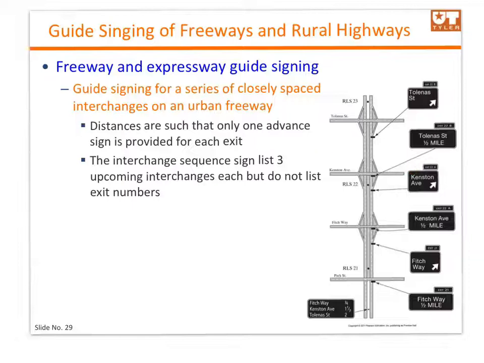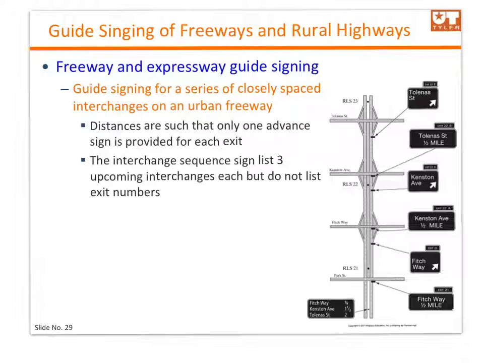Again, by the time you leave the exit, the ones who made the decision to take the exit will be going through the exit, and for the ones who reach this point, now you need to show them what's coming up, the next interchange, and that will be the exit number, the name of the street, and also within half a mile. And same thing, by the time you reach the exit, you need to show the name of that exit only.